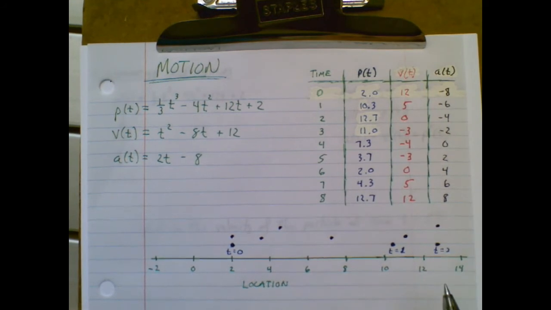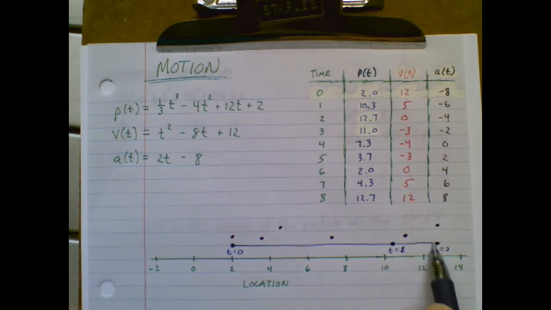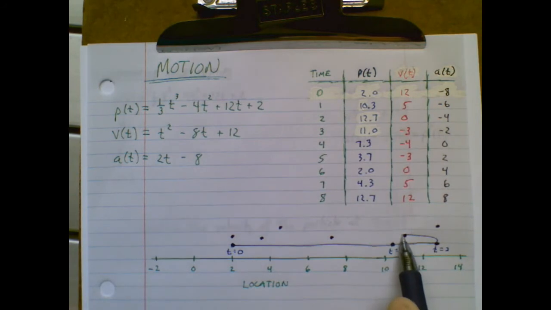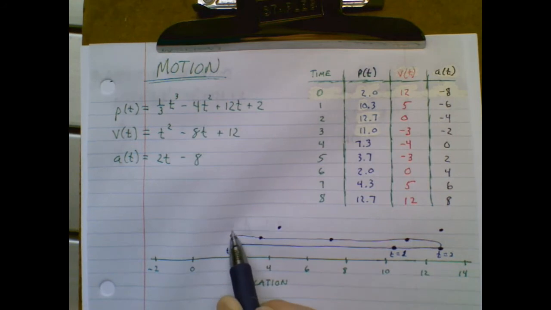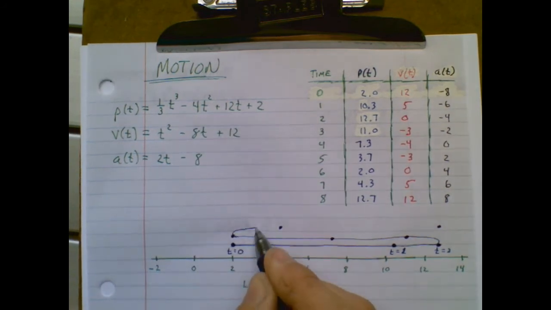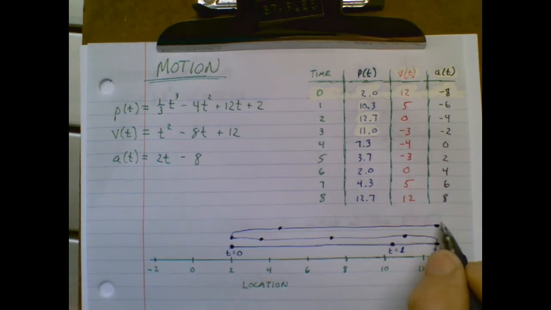What I've done is I've filled in all the locations, and if you kind of draw a little map of what this little particle was doing, it was traveling to the right, and then somewhere in there it decided to turn around, and it's traveling to the left, and then it turned around again. And it ended up right there at t equals 8.